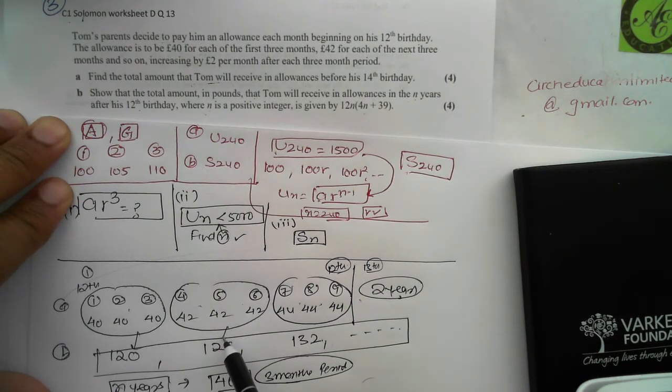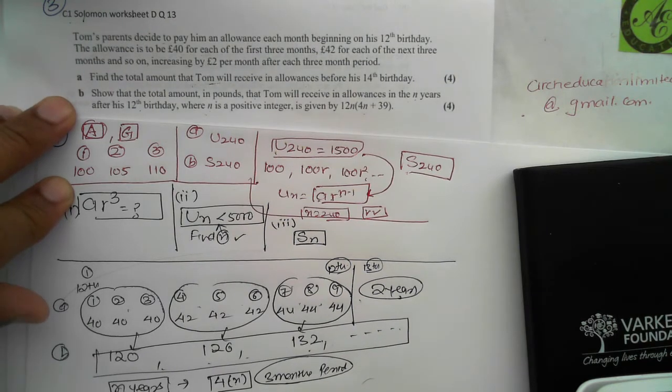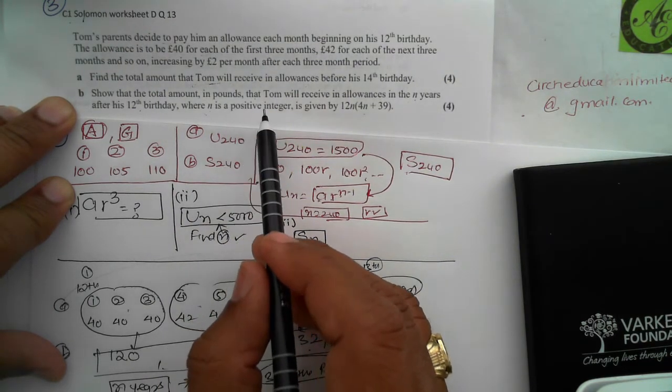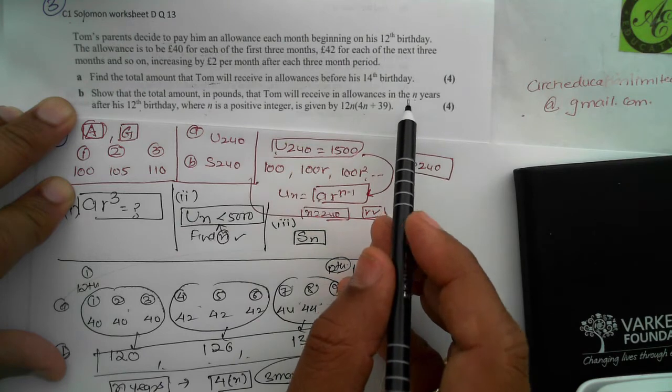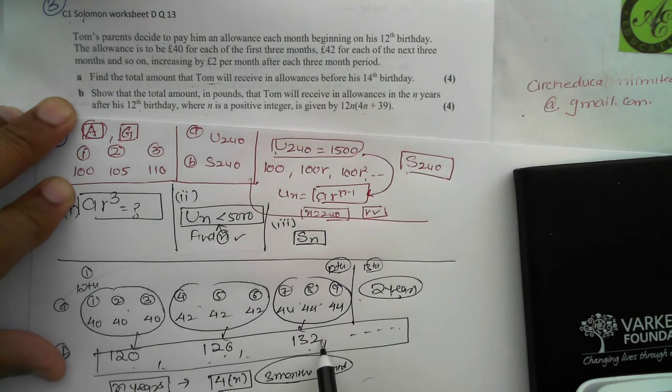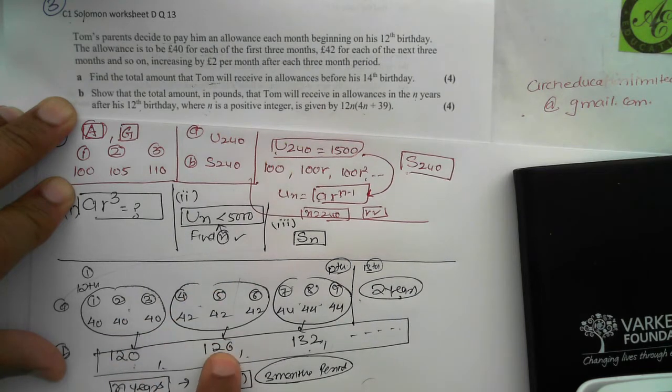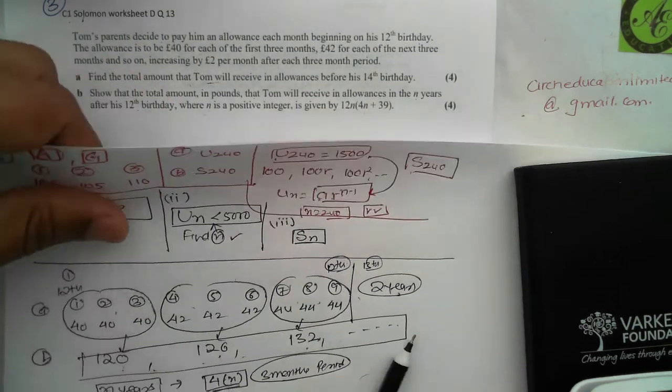But now we're going to figure out how much money you would get in n years total. N years means these are not the years. This is not first year, second year, third. This is the first quarter, second quarter, third quarter, and so on. So how many quarters are there in n years? It is 4n. Okay, so work that out. We work out S of 4n to get the final answer. Thank you. Move on to the next question.